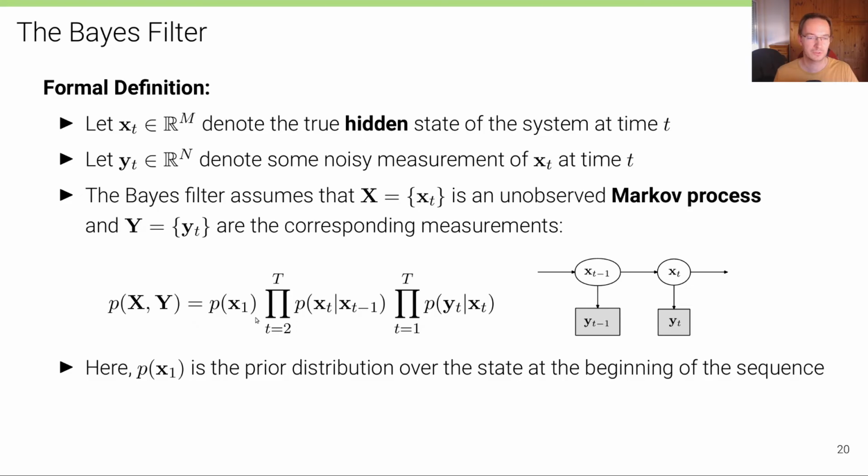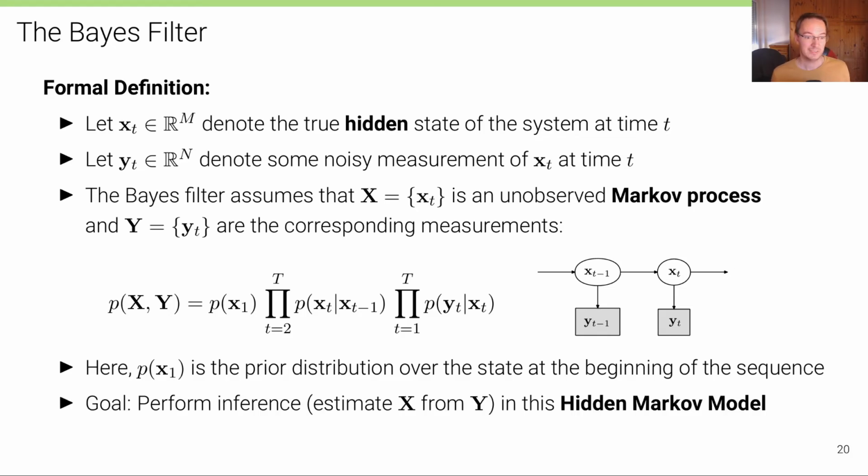The product goes over all time steps, as well as the product over the observation model at each of these time steps. Right, so this is a directed graphical model, a Bayesian network, and this is the corresponding factorization of that Bayesian network.